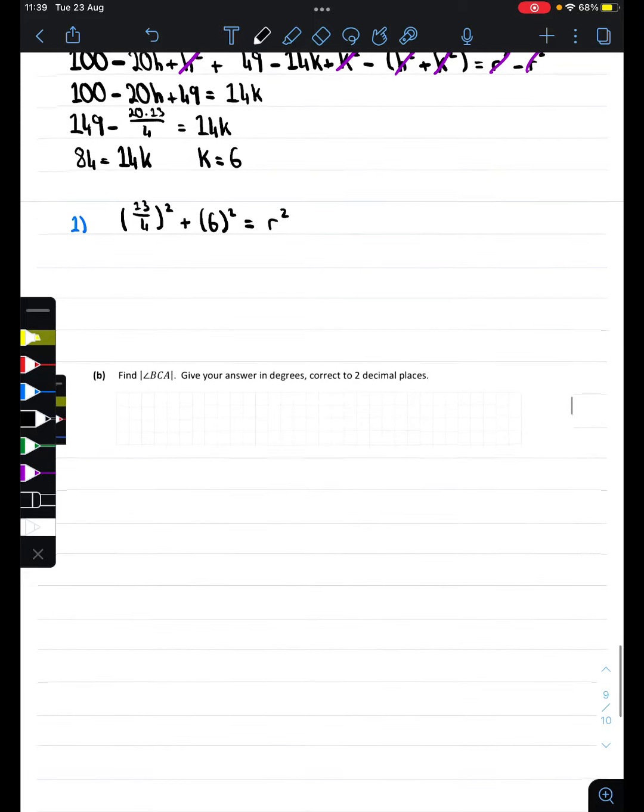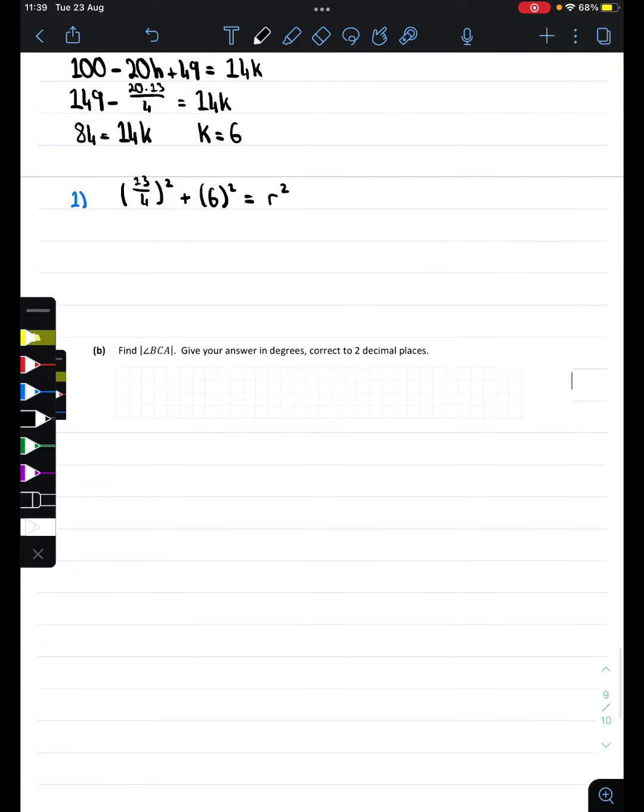Okay, and so this will give us 169 over 16 plus 36 equals r squared. So r equals the square root of 169 over 16 plus 36, which equals the square root of 745 over 4.